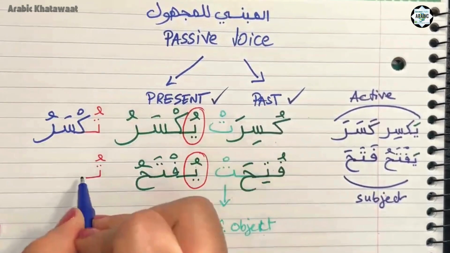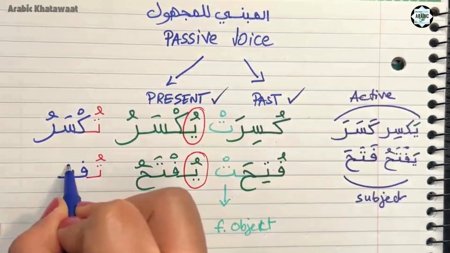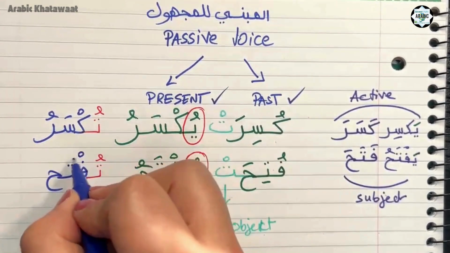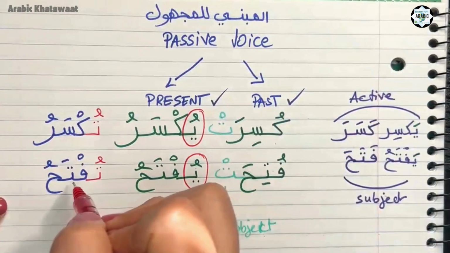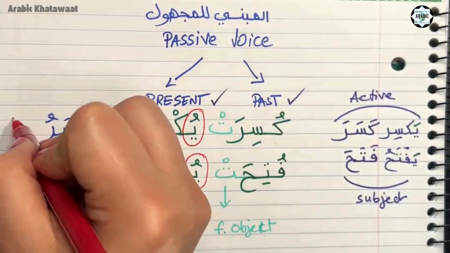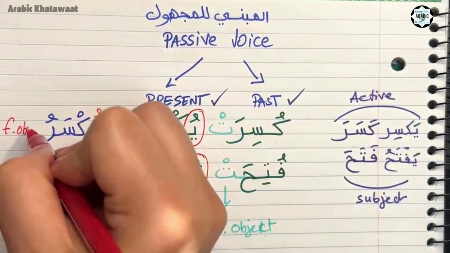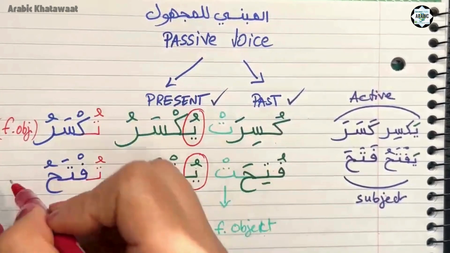The ta and the ta refer to the feminine object that has no doer.